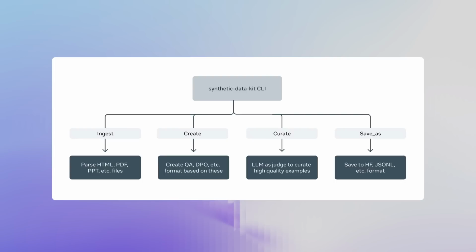Then we have Curate to help you bring the quality to the generated data, and we use LLM as a judge for this. Finally, we save the data in popular formats that are easily consumable for fine-tuning stacks, either JSONL or a Hugging Face dataset that can be used by many other fine-tuning trainers.